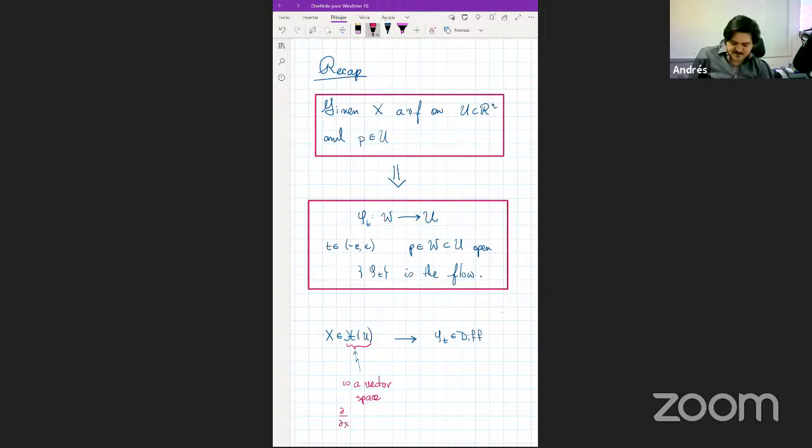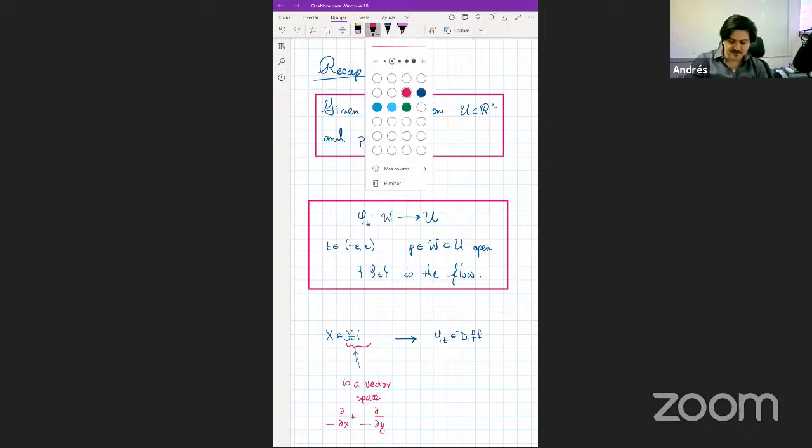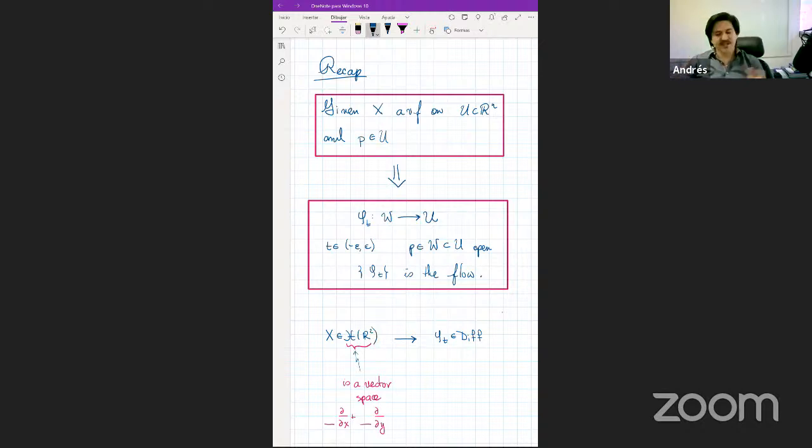Usually we write it like this. Some function here, some function here. And I'm going to say that they are only on R2. So it is clear that the set of vector fields is a vector space. Nice.